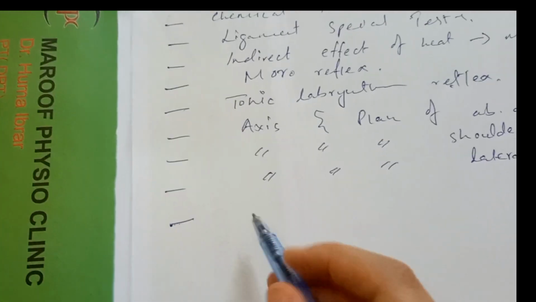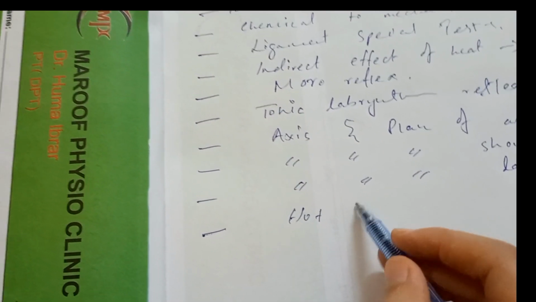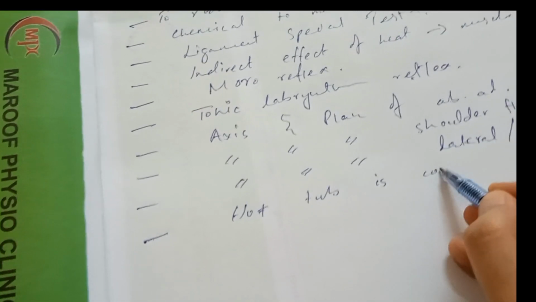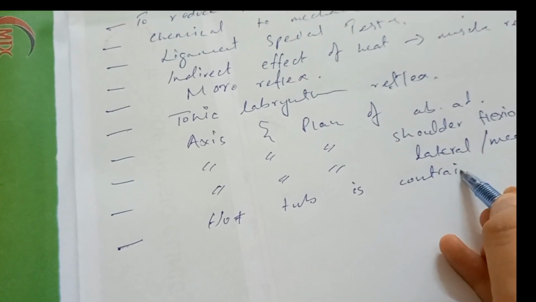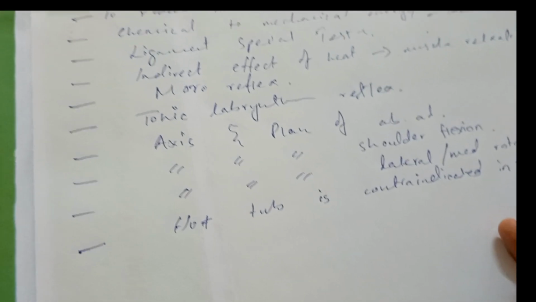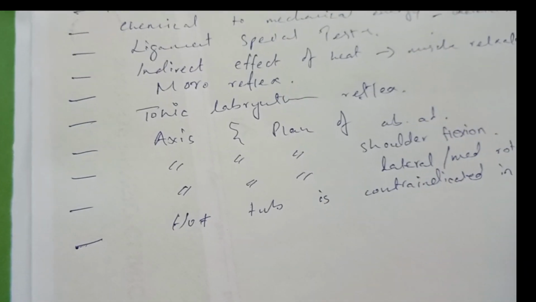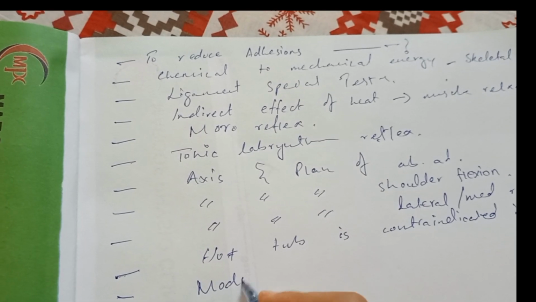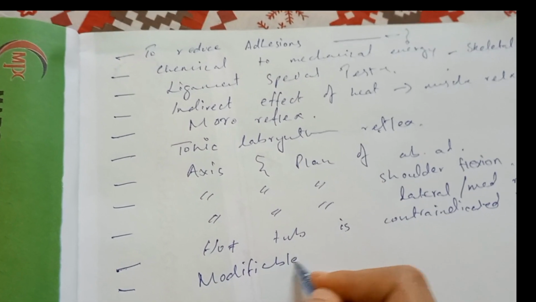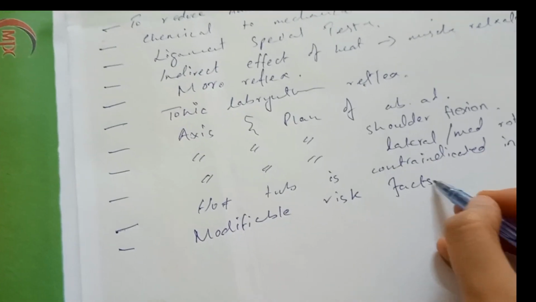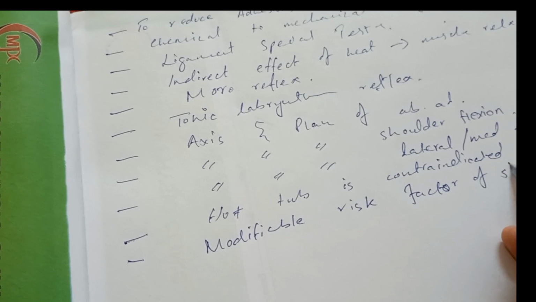Then hot tubs: hot tub is contraindicated in, and the option was MS, multiple sclerosis. Then modifiable risk factors of stroke.